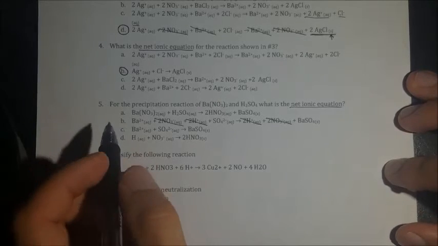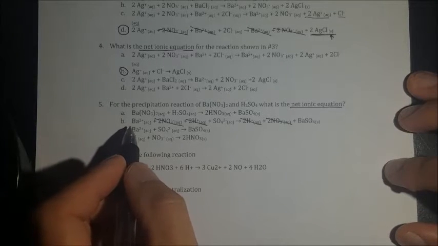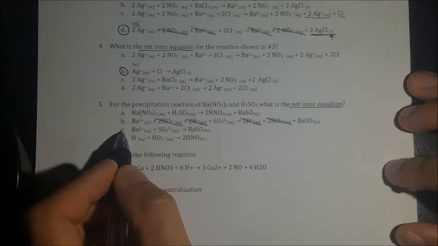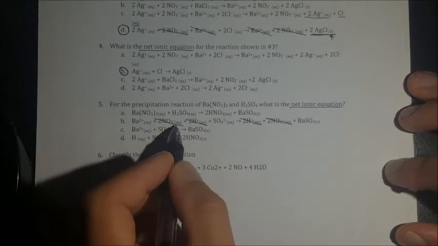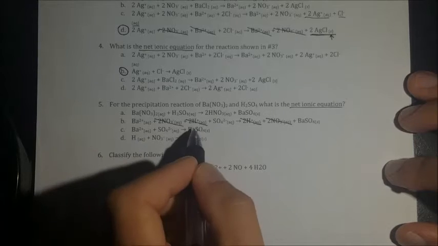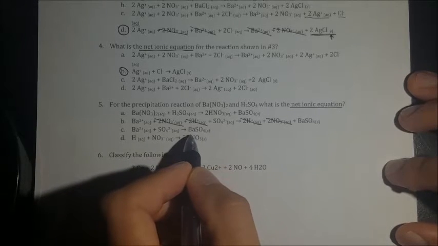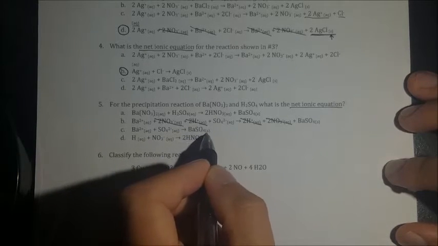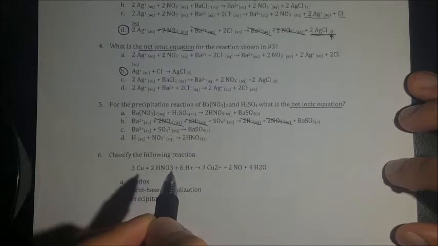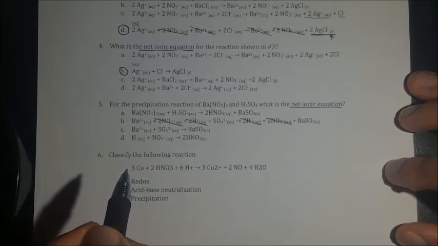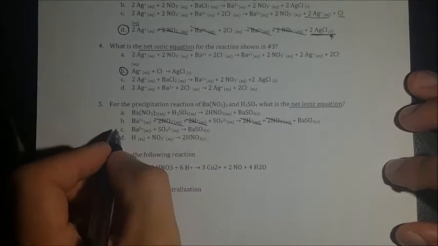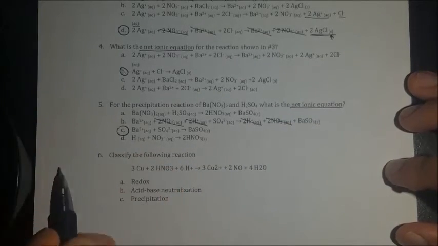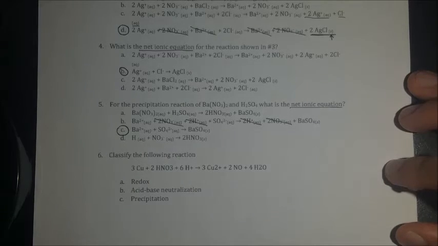So that leaves us with C as being the correct answer, because we have barium and sulfate that are aqueous in the reactants, and here we have solid barium sulfate as our product, precipitate. So those are the things that did not cancel, and that would constitute our net ionic equation. Okay, there we go. So the right answer for number 5 is C.